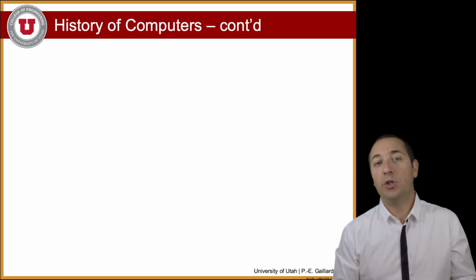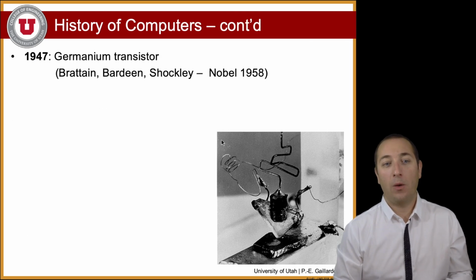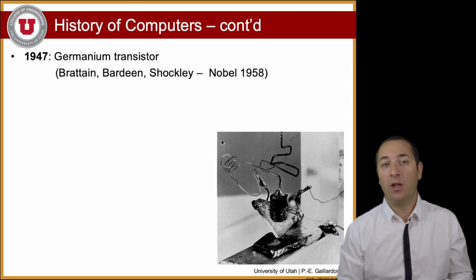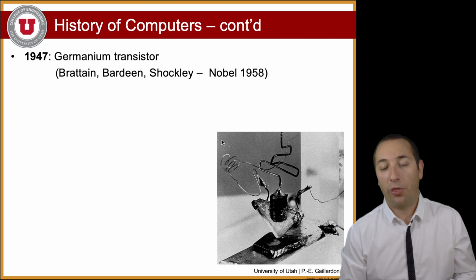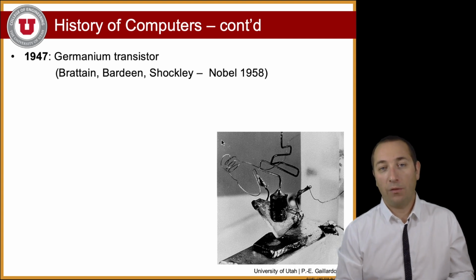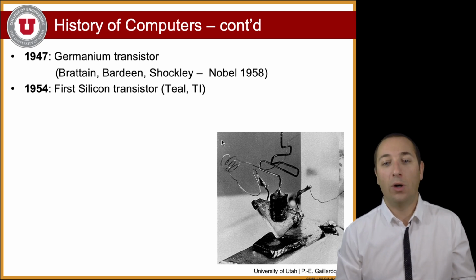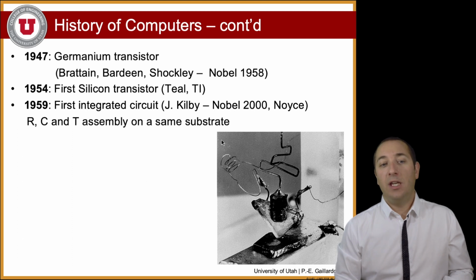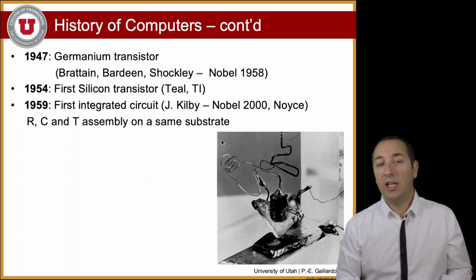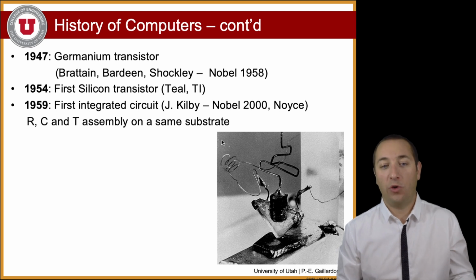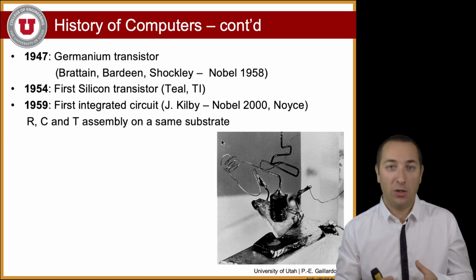Now, what could have revolutionized these calculators? Well, this has been the introduction of the germanium transistor in 1947, leading to the Nobel Prize for these three gentlemen. From the germanium transistor, things kept evolving with the first silicon transistor in 1954, and the first integrated circuit, putting resistors, capacitors, and transistors all on the same substrate and not as single devices.